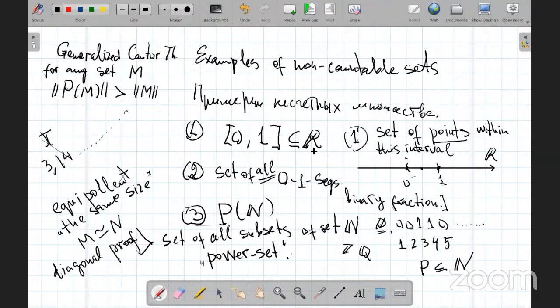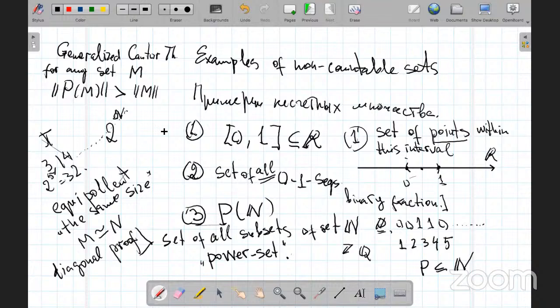We didn't prove yet, and we'll look into it maybe a bit later, that if we are not taking an interval but just the whole line, it will still be the same size, right? And that's the other size, sometimes written as 2 to the power n. This is because we just reviewed in the finite case that if you have a set of 5 elements, then the number of its subsets, its power set, is 2 to the 5, which was 32, that we just recalled.